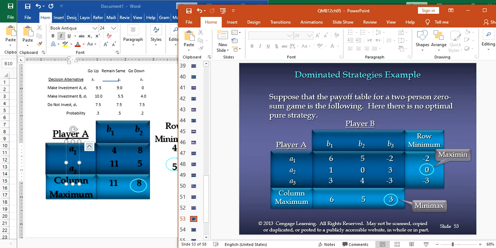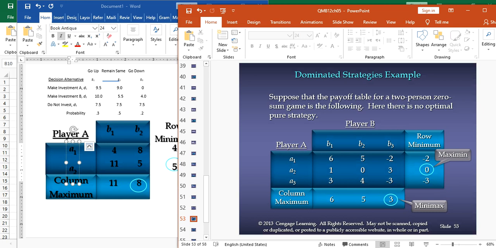And now we have another strategy to decide which alternative decisions will be the best for each player over here. As we said, if the game is not a pure strategy game, we go for mixed strategy and dominance strategy.